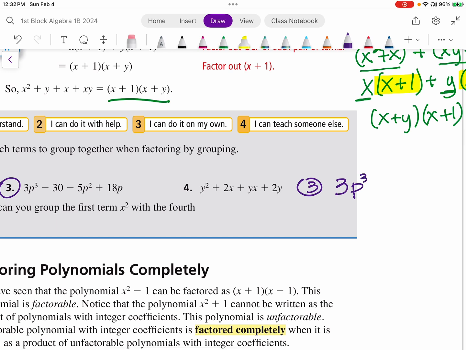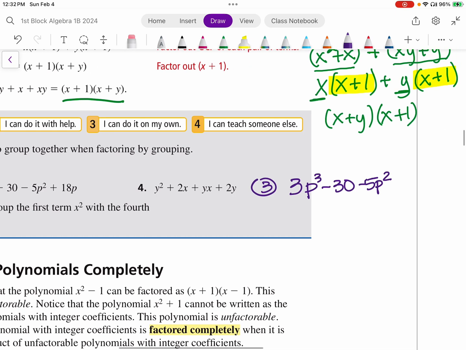We have 3p to the third power minus 30 minus 5p squared plus 18p. My first question to myself, is this in standard form? It is not. So we're going to write it in standard form: 3p to the third power minus 5p squared plus 18p minus 30.